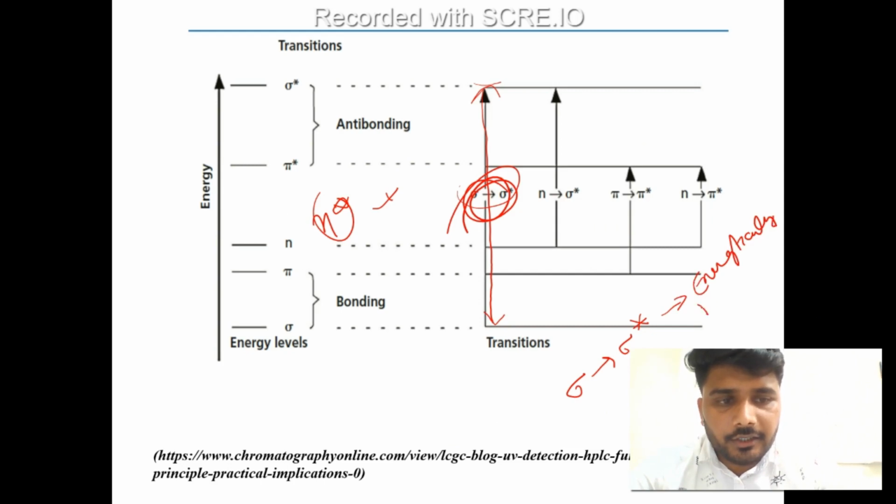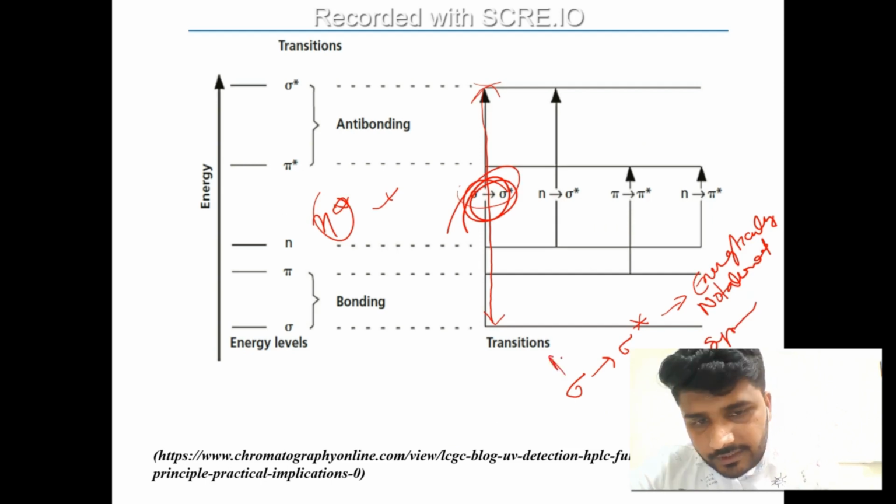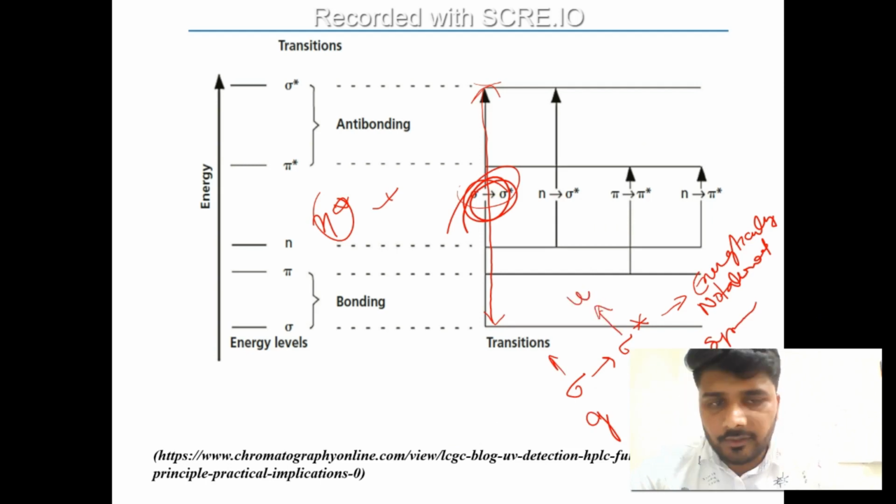So we can say this transition is energetically not allowed, but symmetrically it is allowed. Symmetrically means the sigma bonding orbital is gerade and the sigma star is ungerade, and the Laporte selection rule says that a gerade to ungerade transition is always allowed. So symmetrically these are allowed transitions, but energetically not allowed.